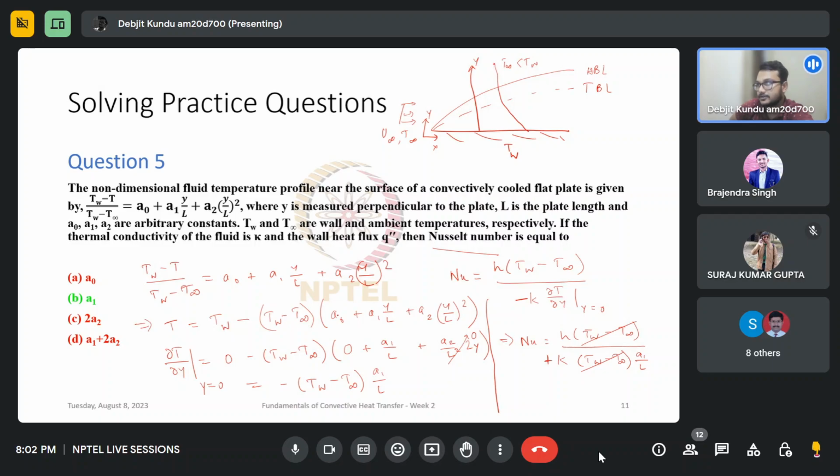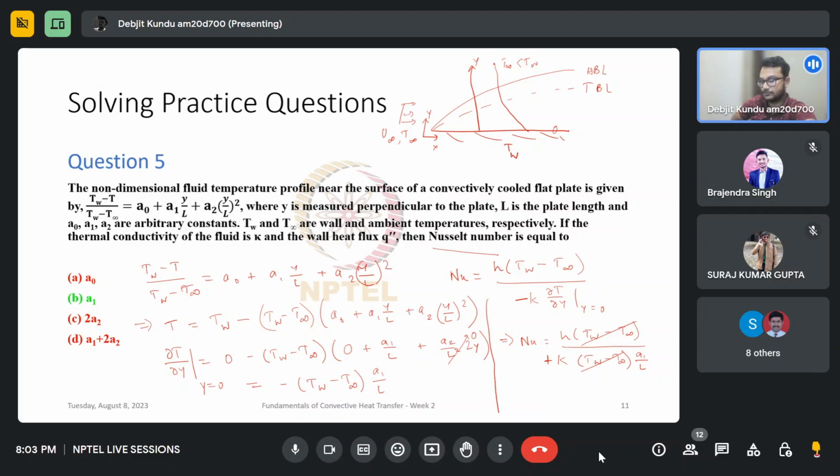A0 is a constant, so if I differentiate with y, it becomes 0. Then this one is A1 over L into y. Differentiating y gives me 1. And this one, A2 by L square, I'm keeping it as a constant. And I have y square, which differentiating with y, I'm getting 2y. Now I'm computing this at y equal to 0 at the wall. So that's why I'll put y equal to 0. As a result, this term goes to 0 and I'm getting this.